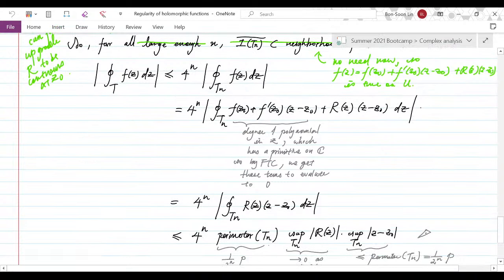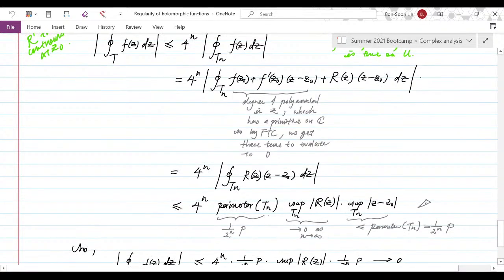Then it remains to estimate this integral right here. And we saw that this factor z minus z naught is no bigger than the perimeter of that small triangle, and this value of r of z, because it's continuous and goes to 0, is bounded. This is some constant.